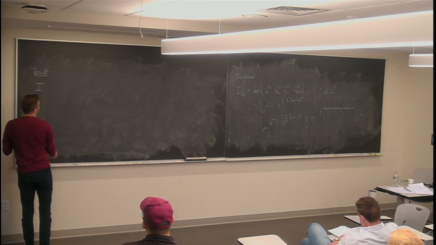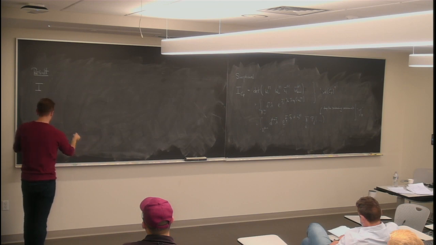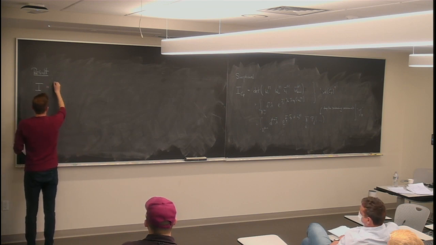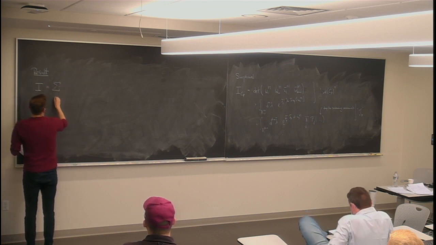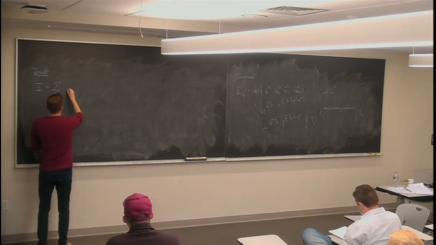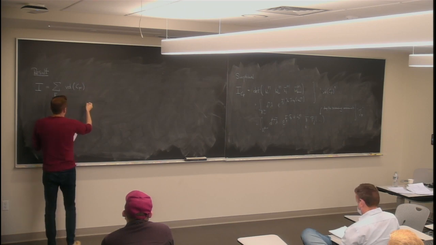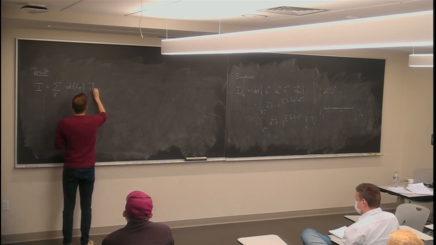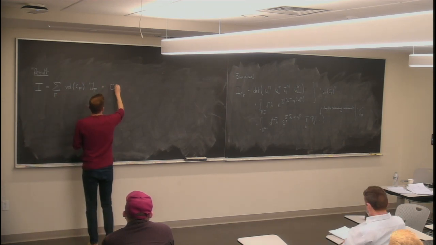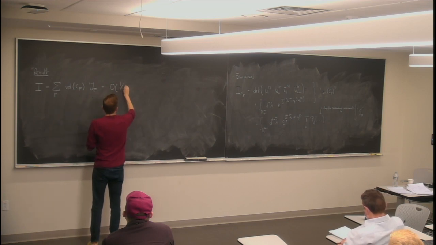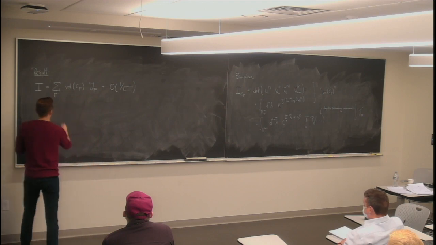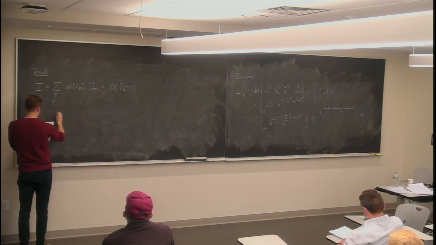Okay, so the theorem is that the family of integrals that we've seen before can be approximated to the leading order as the product of these volumes times the corresponding coefficients plus something.